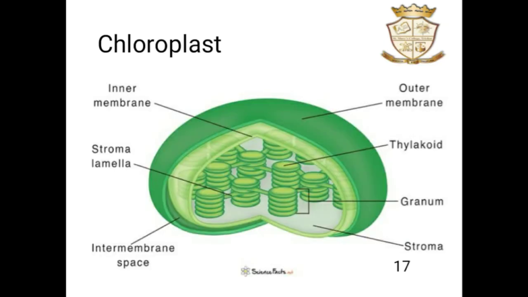Looking at the structure, this is the outer membrane of the chloroplast, and this is the inner membrane. Between the inner membrane and the outer membrane is the inner membrane space.